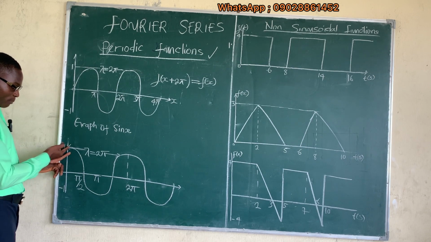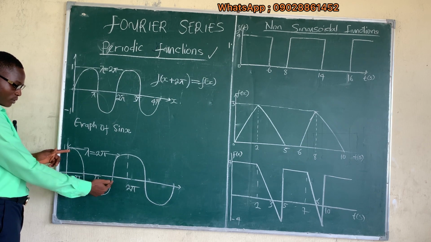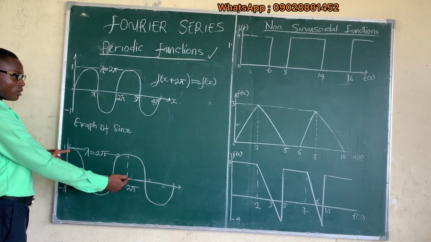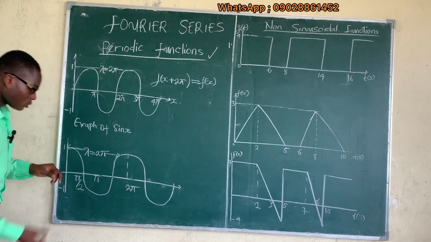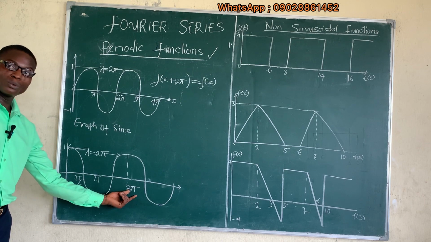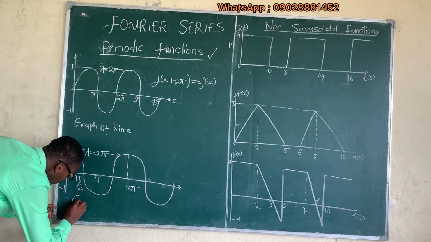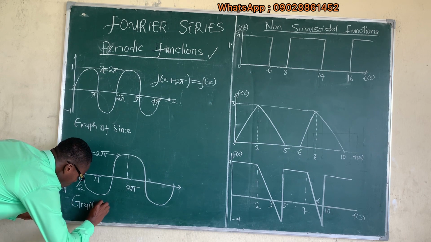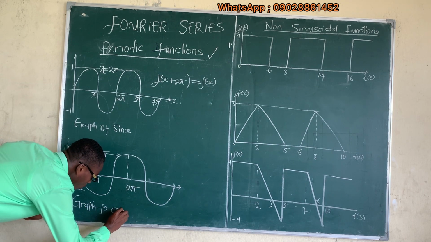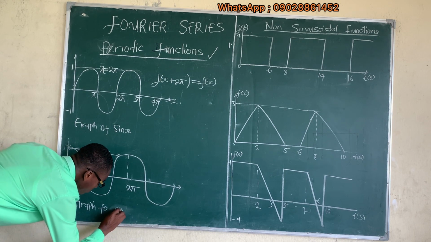This is the complete oscillation for the cosine function. So having seen that, this is the graph of cos x.